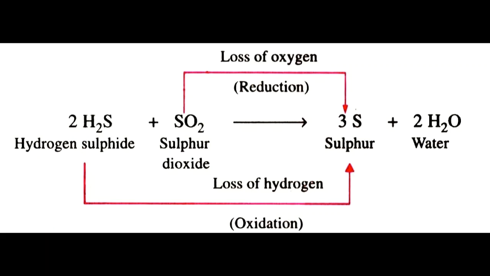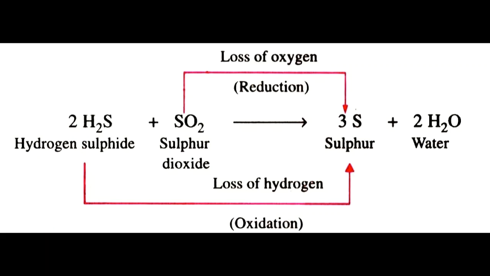Look at it. Here hydrogen sulfide gas is reacting with sulfur dioxide gas. The result is sulfur and water. What happens is, look, hydrogen sulfide loses hydrogen. So hydrogen sulfide is undergoing oxidation. It is a reducing agent.